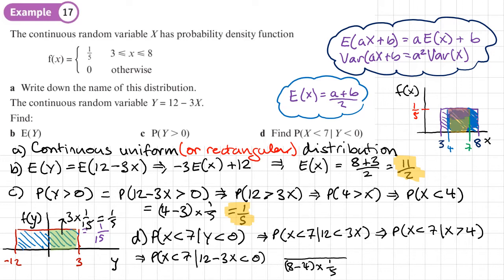So yeah, we want to work out the amount of x is less than 7 that is in x is greater than 4. So that's going to be a width of 3, or 7 minus 4, times by a fifth. So that gives us 3 times a fifth divided by 4 times a fifth, and that gives us 3/4 for that conditional probability.